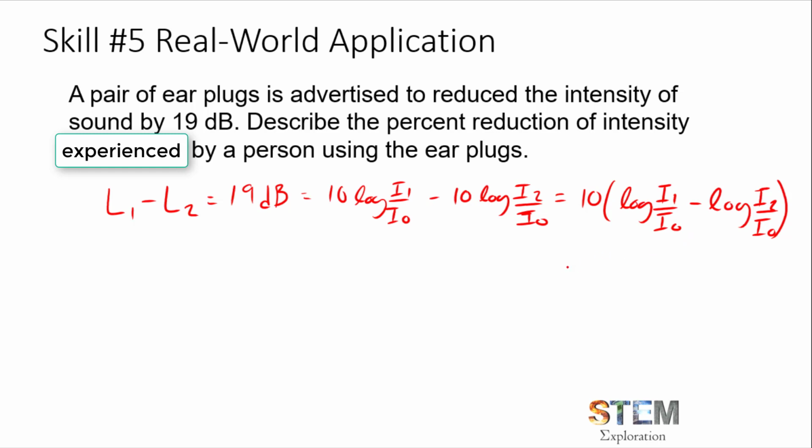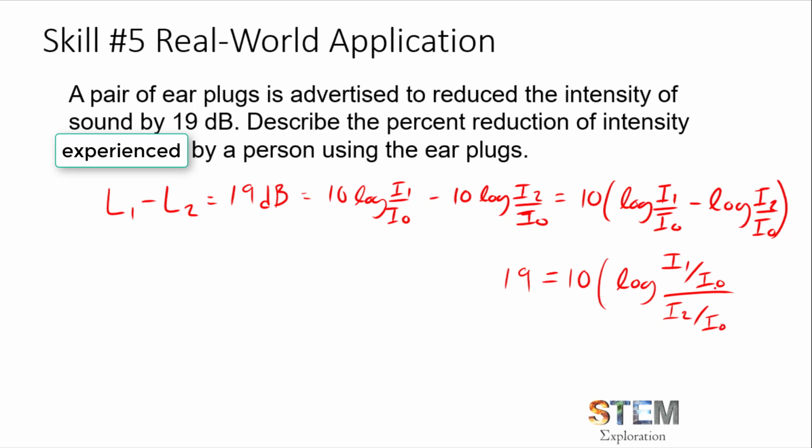And if I can use the quotient property, what I'm going to get here is that I'm going to set this equal to 19, and then we'll have 10, and then we'll do log of I1 all over I naught, divided by I2 all over I naught.